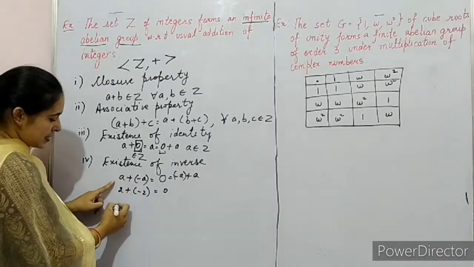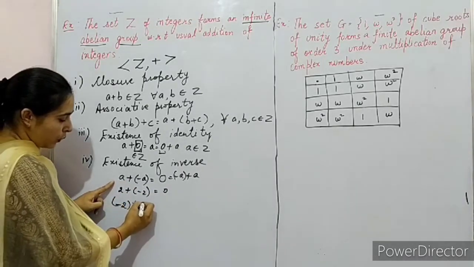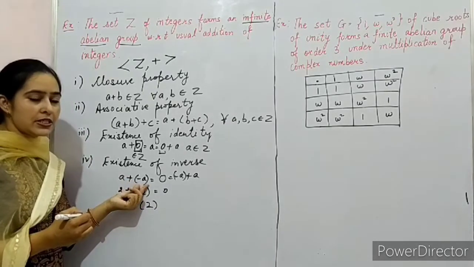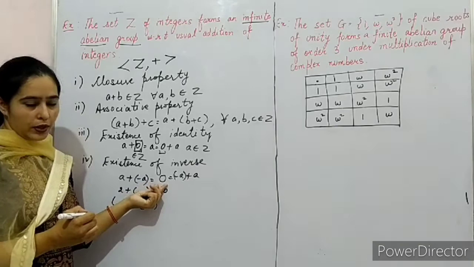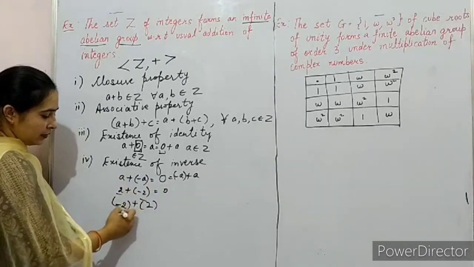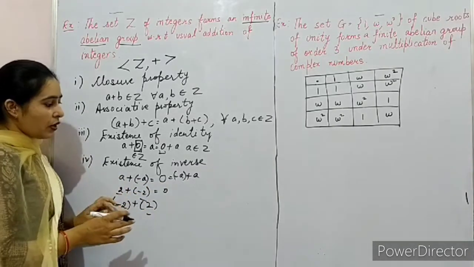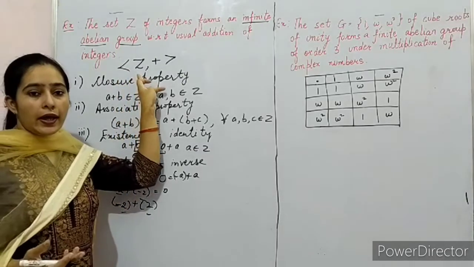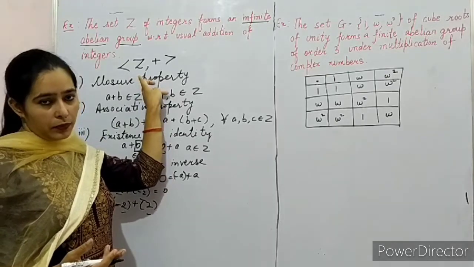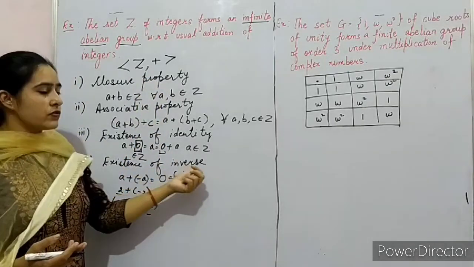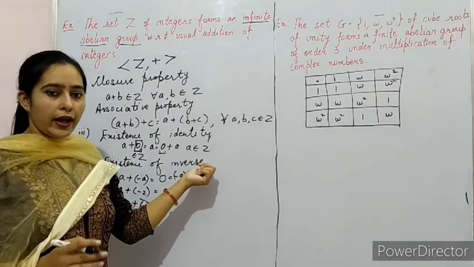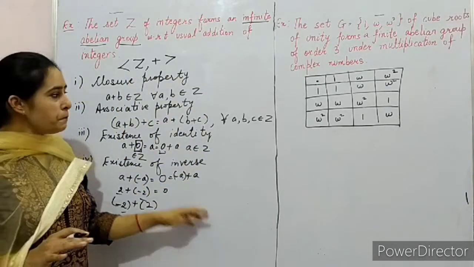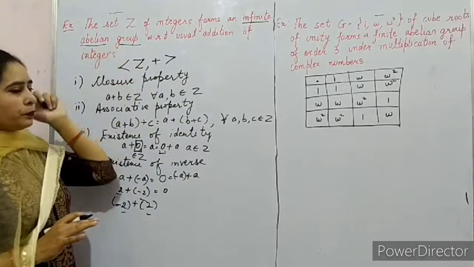Similarly, if here is minus 2, then what we have to add is 2. That means we have to add the negative of this number to get 0. And we know all these are integers. That means for every element in Z, we have found the inverse of that element. So existence of inverse is also satisfied for every element in Z. So all the 4 properties are satisfied. That means this forms a group.